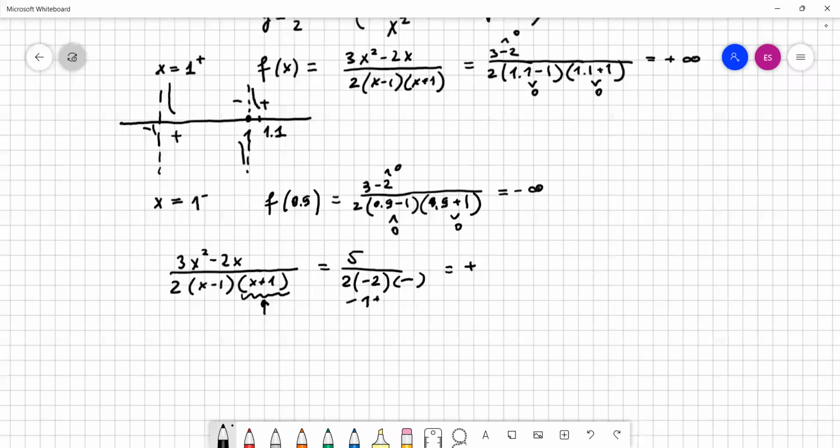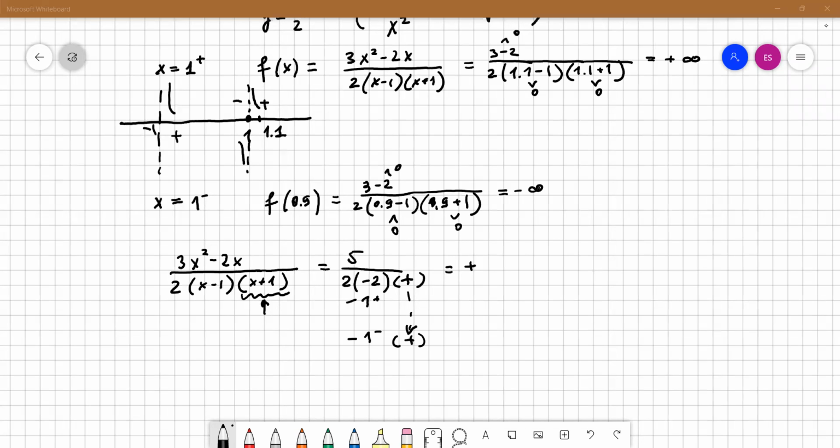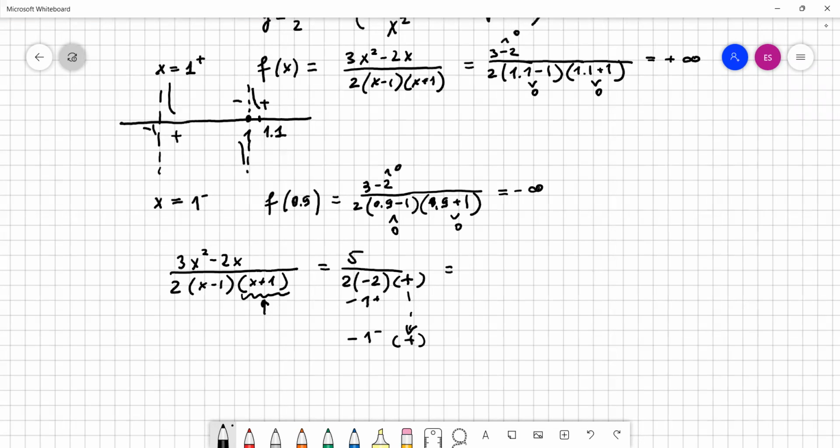And if you go on -1 minus, this parenthesis is going to be positive because... no, that was positive actually. Sorry, give me a second. Minus, yeah, that was positive. So this was actually minus.